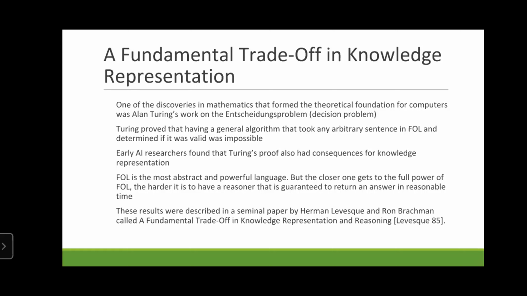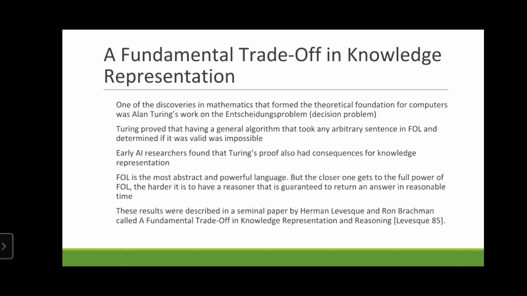That is, the closer you get to first order logic, the more expressive power you have in your language, the harder it is to have a reasoner that works in polynomial time, that will complete in a reasonable amount of time, and that can handle non-trivial amounts of data.